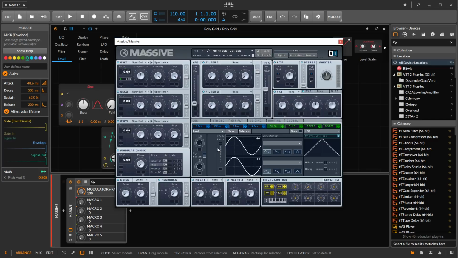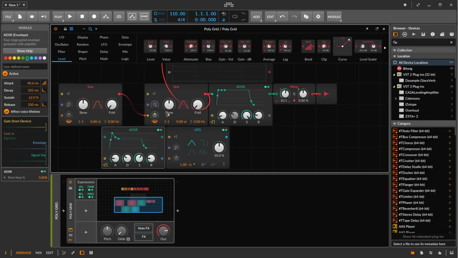So most synthesizers just won't let you get deep into audio rates. That would be the problem there. But in something like the polygrid here, we can modulate at audio rates.